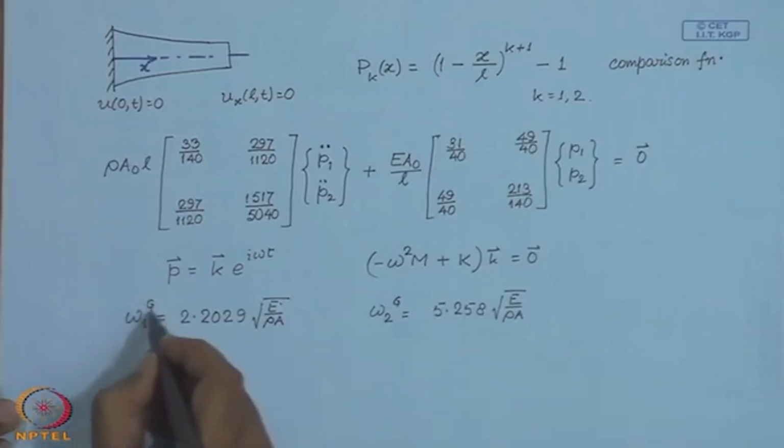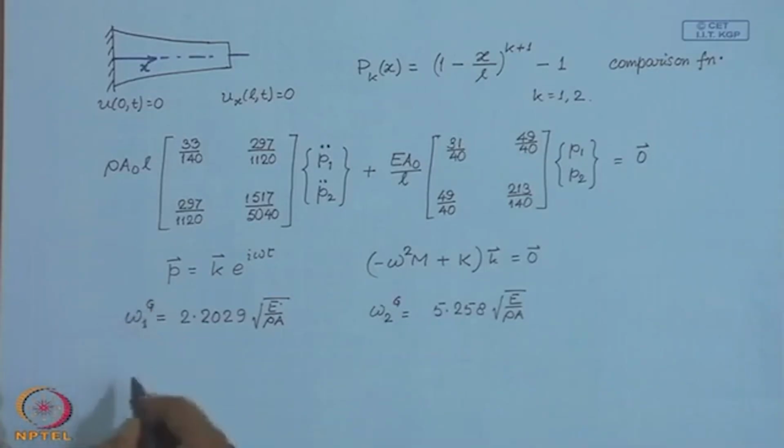Now, this superscript G indicates obtained from Galerkin.